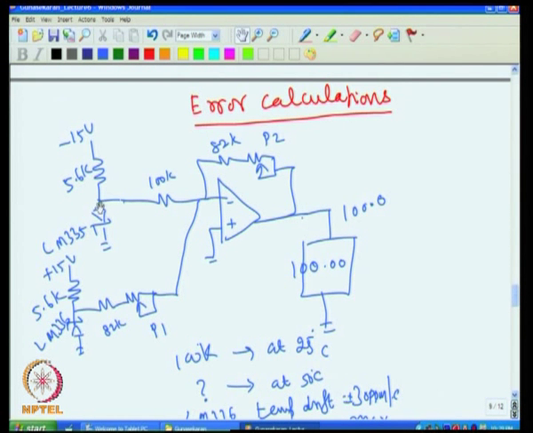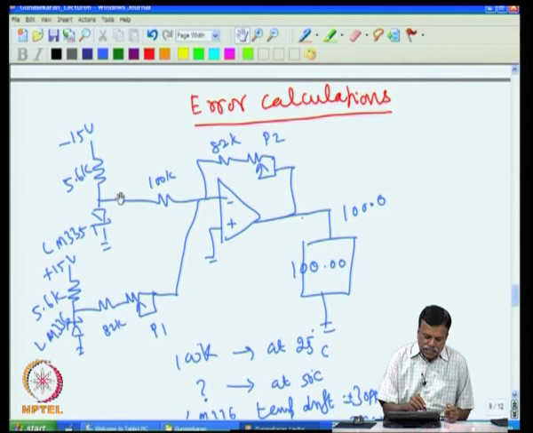Since the LM335 gives 2.73 volt at 0 degree C, to compensate that we put in the LM336, which gives 2.5 volt, and then we adjusted this resistance to make sure that at 0 degree C this is giving 2.73. At that time the output comes to 0, because this polarity and this polarity are opposite, this is minus, this is plus.